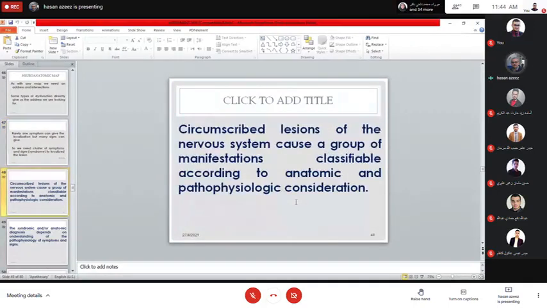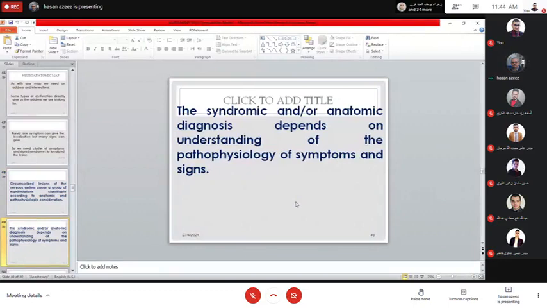A circumscribed lesion in the nervous system causes a group of manifestations classified according to anatomical and pathophysiological consideration. The syndromic and or anatomical diagnosis depends on understanding the pathophysiology of symptoms and signs.